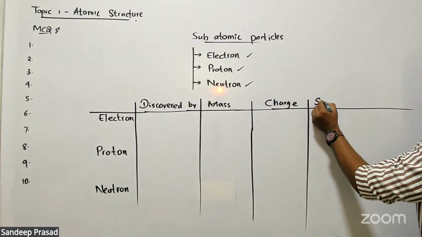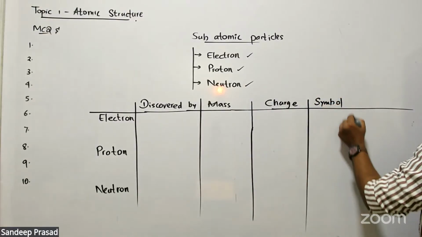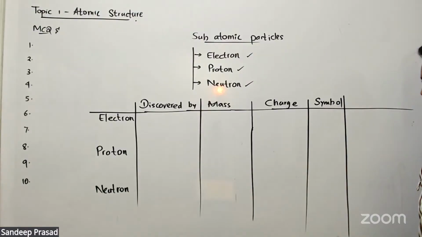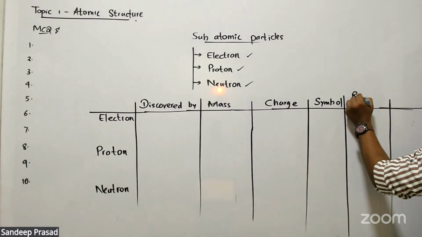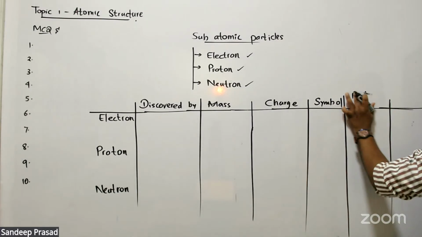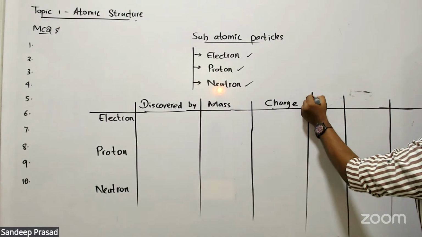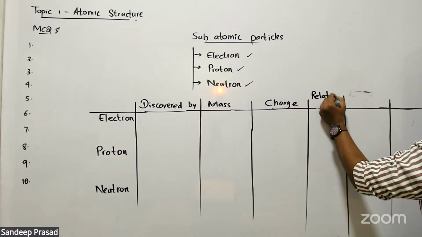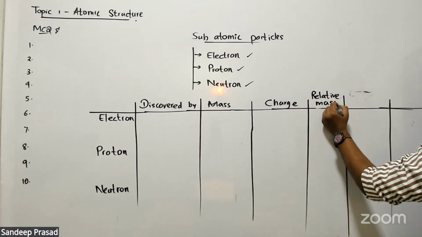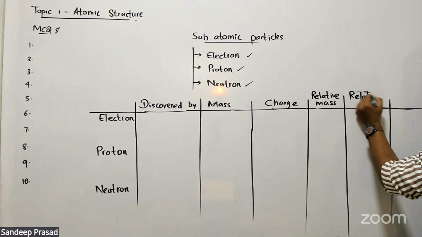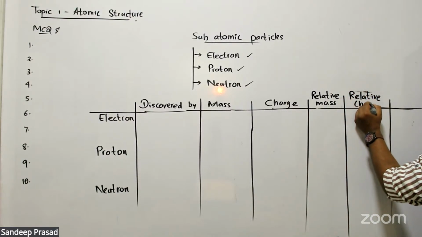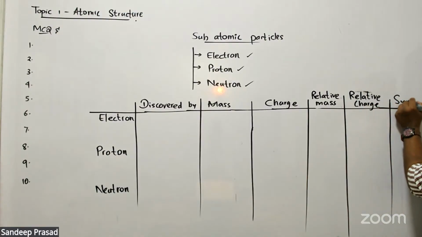Then the symbol, there is a symbol for each and every particle. Then students, you should know the relative mass and the relative charge. Let me put the symbol at the end: relative mass, relative charge, and the symbol of these three subatomic particles.